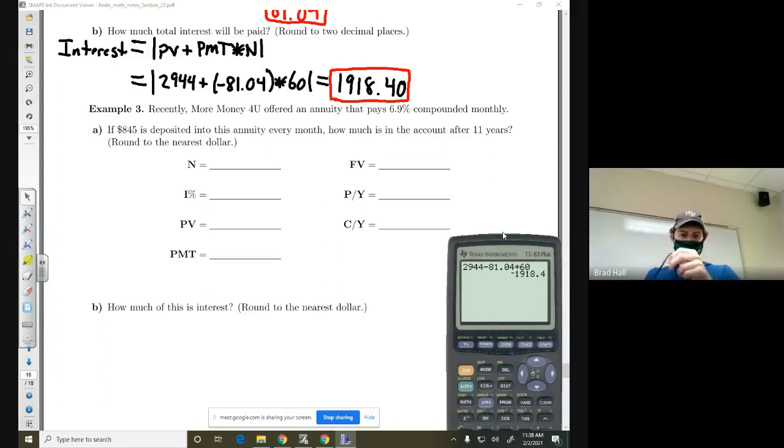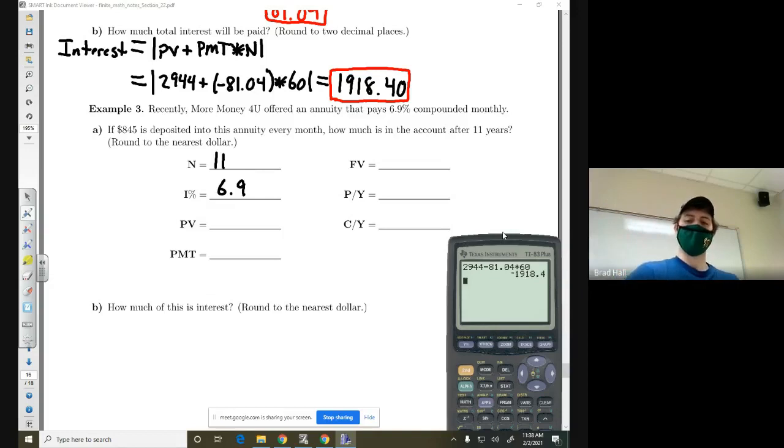So, besides the obvious value of 6.9% interest, does anyone see any of these other values? What did you get? It should be 11 times 12. Don't forget the times 12. Now they're misleading you.